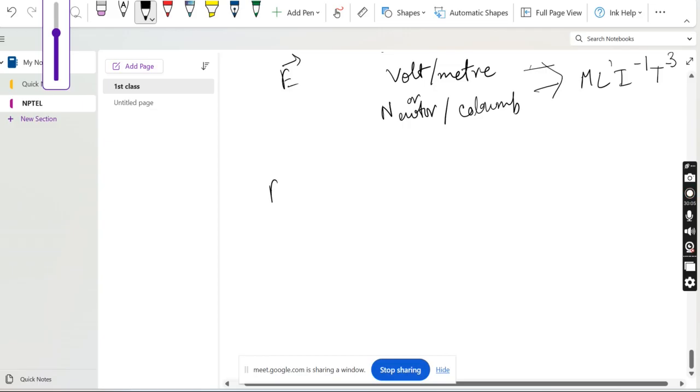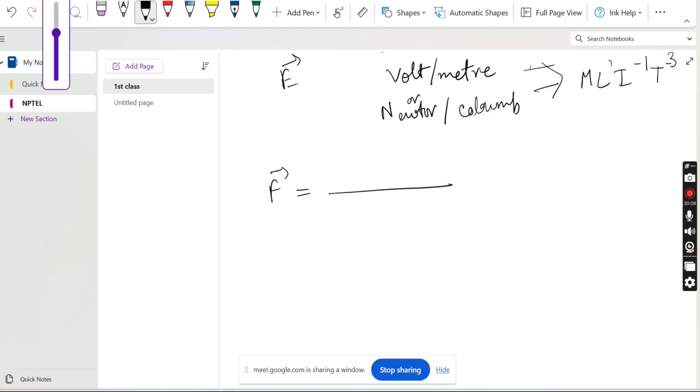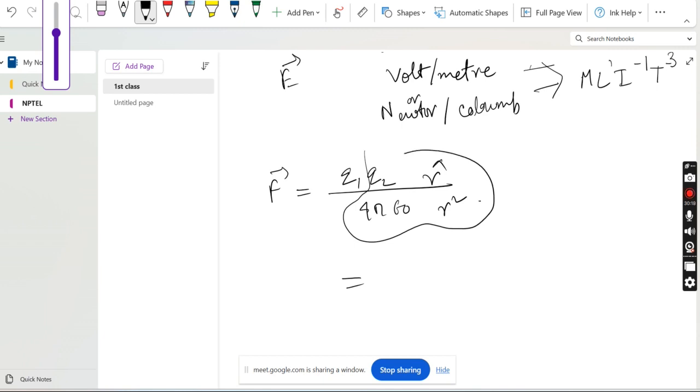So we know F, the force between two charges, is Q1 Q2 over 4 pi epsilon naught r square, in the direction r cap. The electric field of Q1 will be written like this.